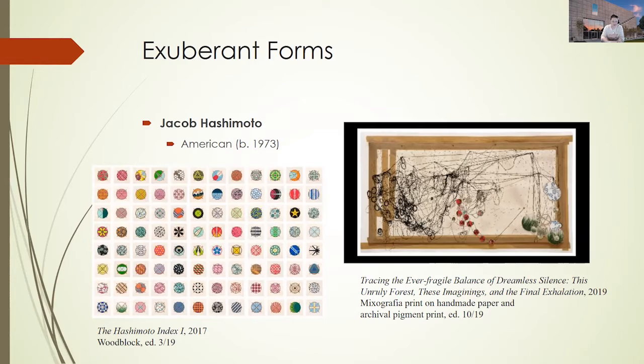He takes even the parts where he's practicing and turns them into a finished art piece. And this one on the right, I think we're going to have to see it in person, but that part that looks like tape on the edges is actually part of the printmaking process, that mixographia, and the strings as well.